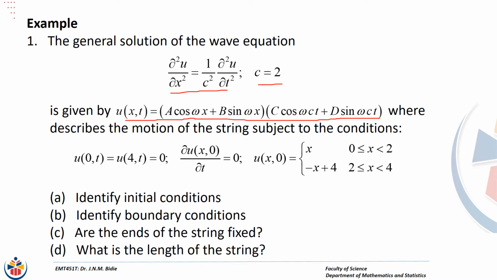Now we need to note this. The method of separation of variables is a very long method because u is a function of x and t. Then we separate the variables and say u of x and t is equal to X of x multiplied by T of t. Then we solve.